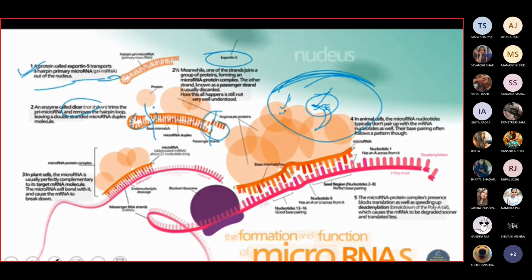For this we have a transporter molecule called exportin 5, which helps in the transport of this microRNA transcript, which is normally inactive. The primary transcript is inactive. It becomes active once the dicer enzyme digests it, degrading it into 20 to 25 nucleotide long fragments, similar to siRNA that we saw earlier. It digests and ultimately gives you a microRNA duplex, double stranded.